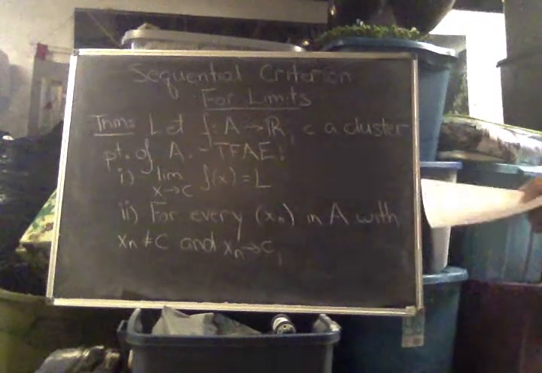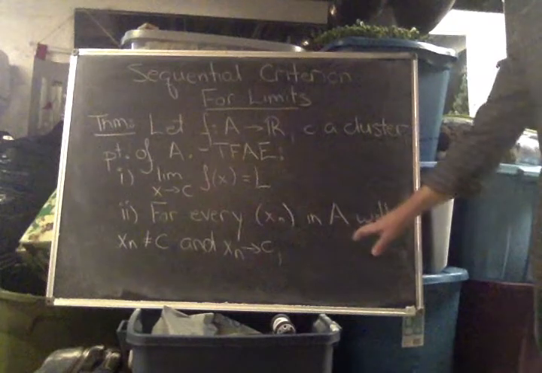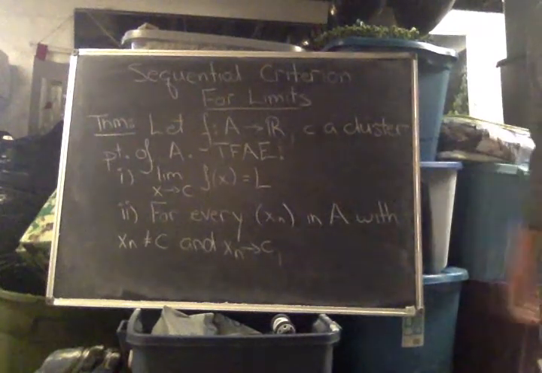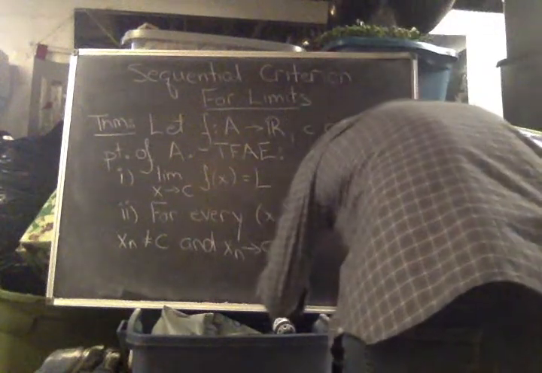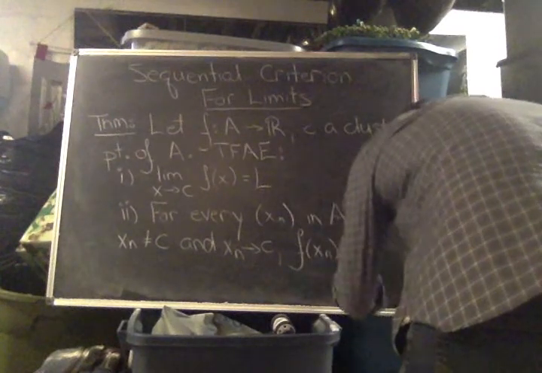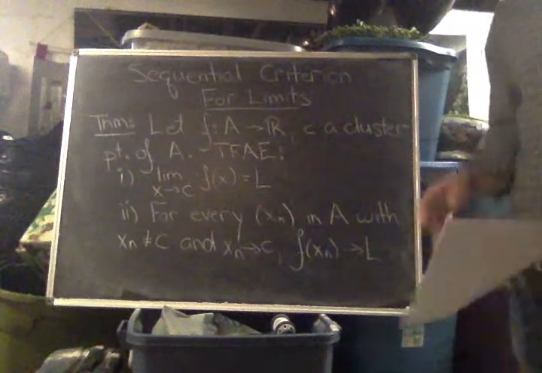Okay? So for every sequence in the domain which converges to the cluster point c and consists entirely of points different from c, we have that if you apply the function to that sequence, f of xn, that will converge as a sequence to L.